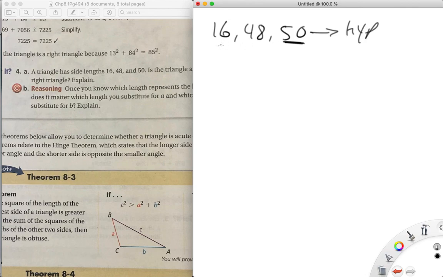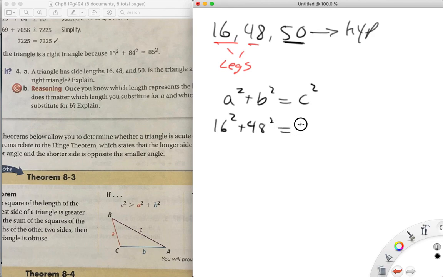So this means that these two guys are my legs. So it's going to be a squared plus b squared equals c squared, which is 16 squared plus 48 squared equals 50 squared.